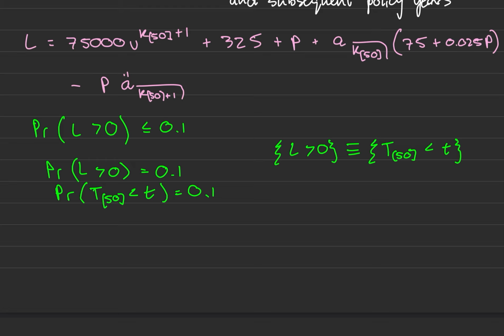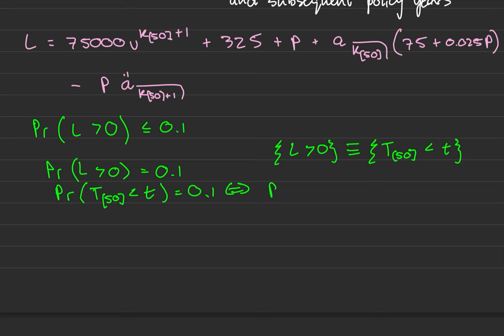Okay, so what then is the probability that the complete future lifetime is less than T being equal to 0.1? Now, this is the probability that the person dies within T years. Okay, this is the same thing as saying 1 minus the probability that he survives.